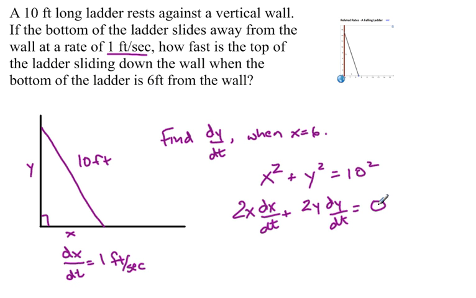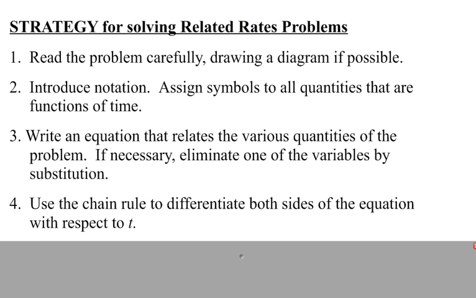Now I immediately see that everything is a multiple of 2 here, so I'm going to save myself some work by dividing everything by 2. So I divide that by 2, divide that by 2, and 0 divided by 2 is just 0, so I'm good to go.